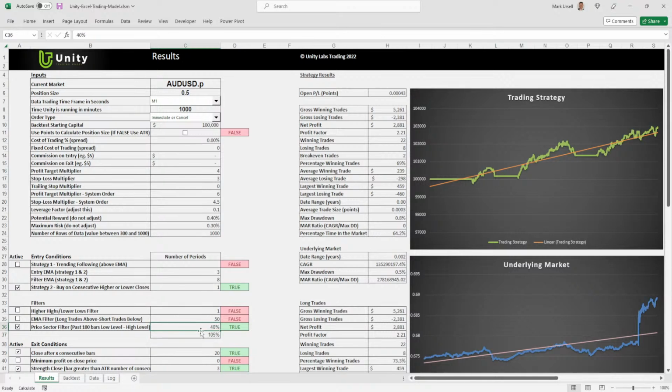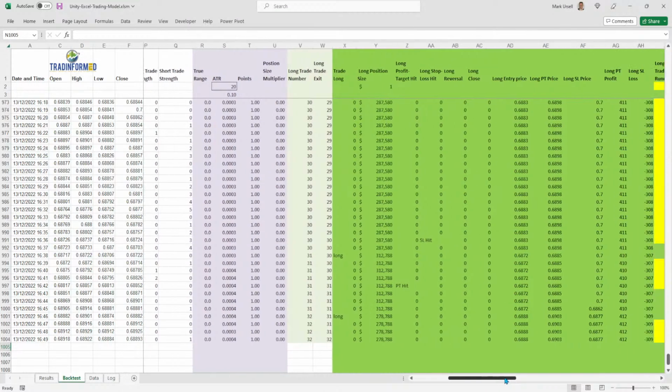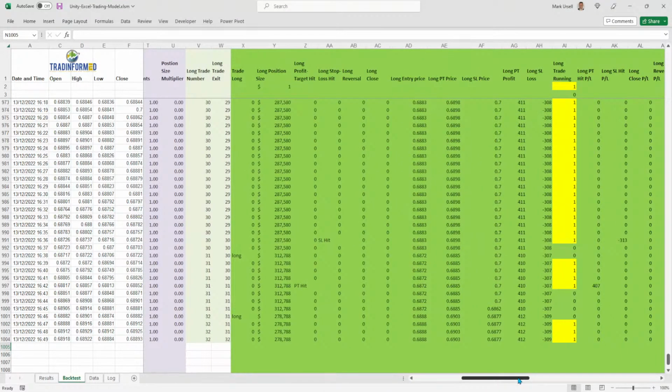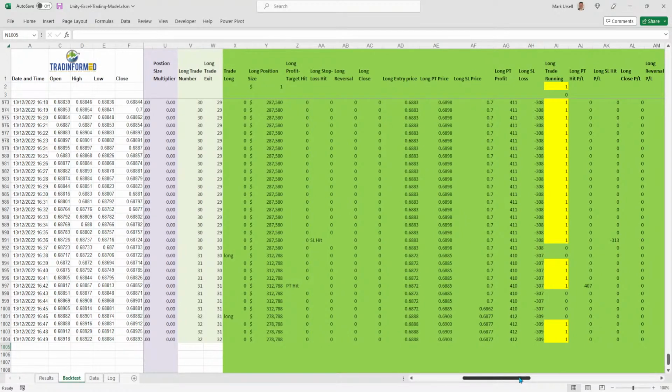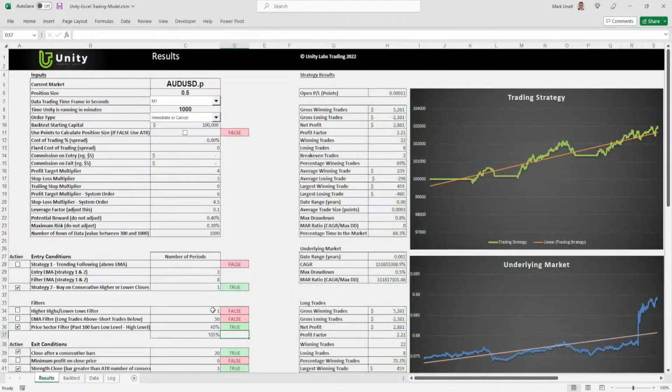So we have to be above 40, but we can be anywhere to the upside. You can see the difference in the trades we're taking. We'd actually be in a trade at the moment, which we haven't taken because we had the filter on. We would be actively trading if we weren't using that filter.